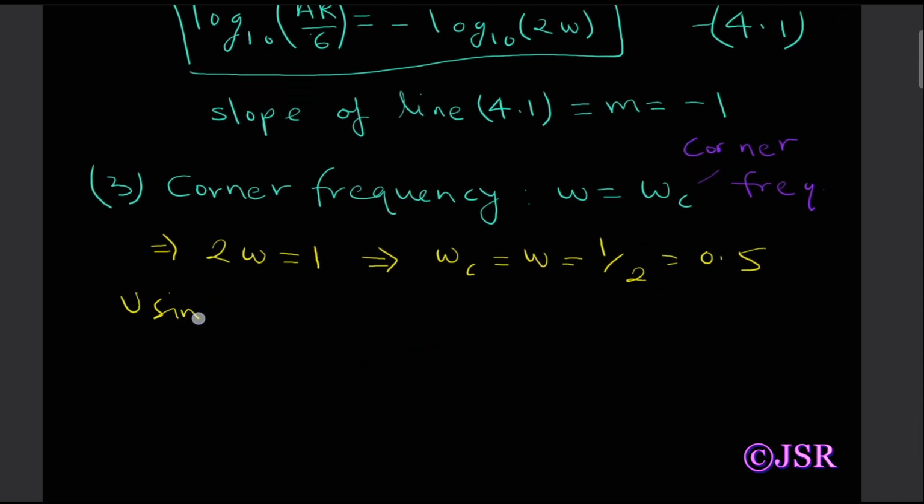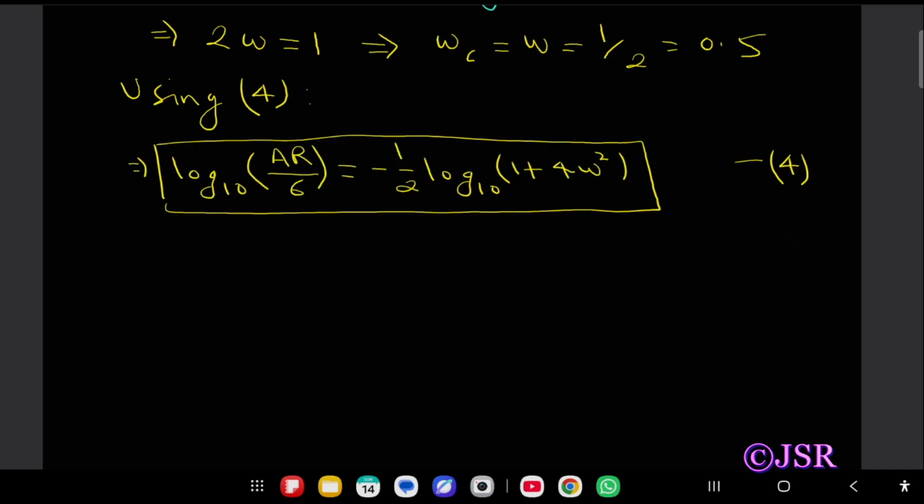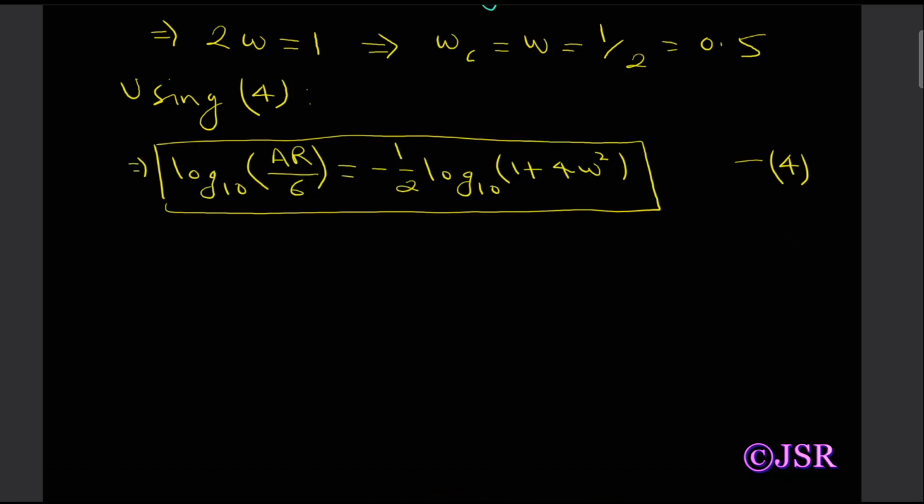So using 4, at corner frequency tau omega is equal to 1. So tau omega whole square is equal to 1.